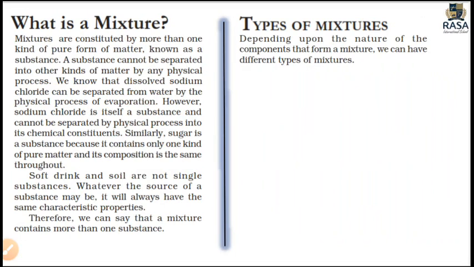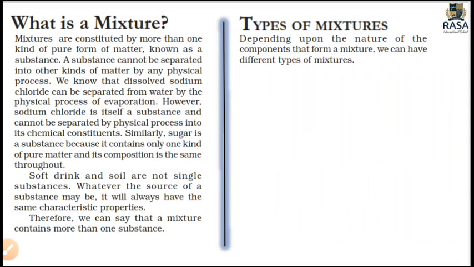However, sodium chloride itself is a substance and cannot be separated by a physical process into sodium and chlorine alone. Why? Because it is a pure substance. So it cannot be separated by a physical process into its chemical constituents, that is sodium and chlorine.